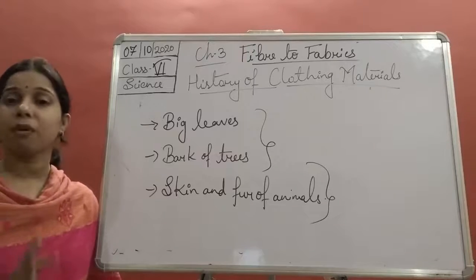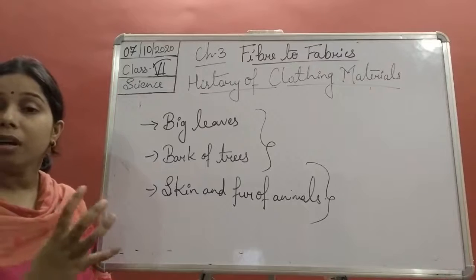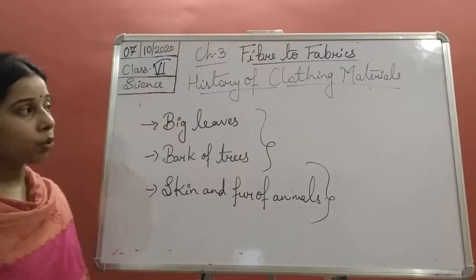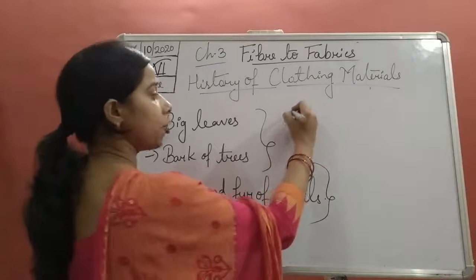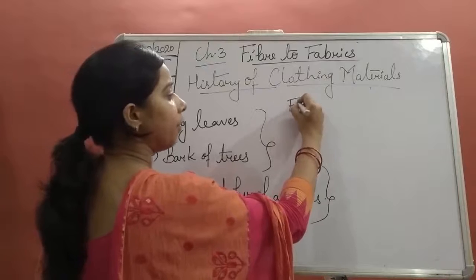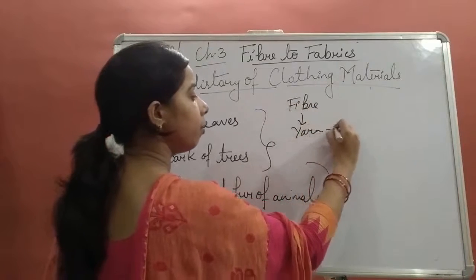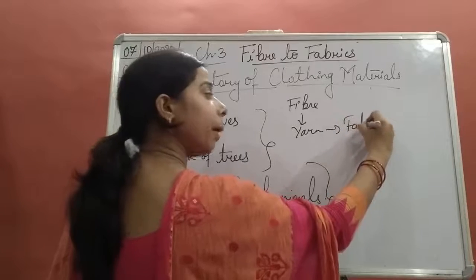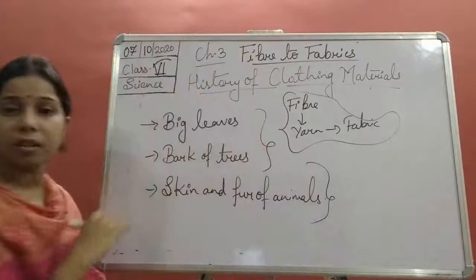And with the help of the yarn, again they convert it into fabric. Okay, so if you see the history, the conversion occurred from fiber to yarn to fabric. So fabric is made, but still they do not know how to stitch it.